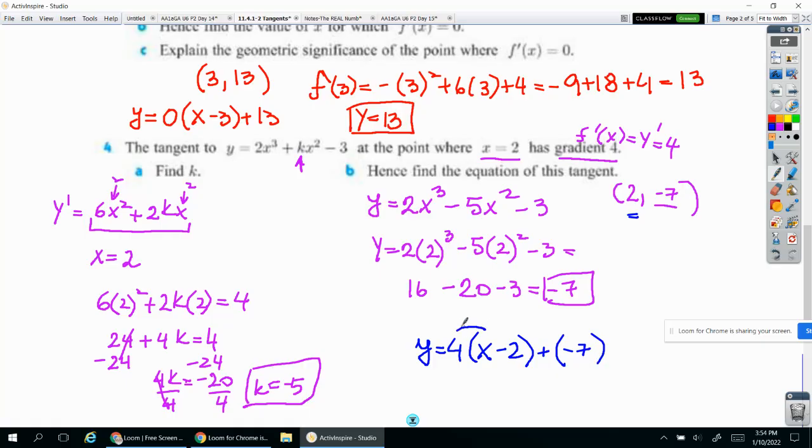Now let's go ahead and simplify this. So this is going to be 4x minus 8, since 4 times negative 2 is negative 8, plus negative 7, so that's minus 7. So my final answer is y equals 4x minus 15, which is the equation of the tangent line.